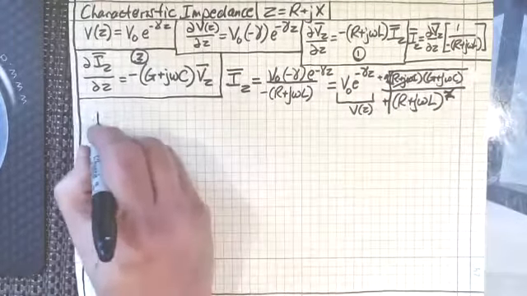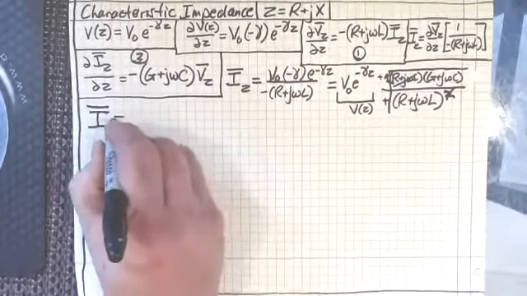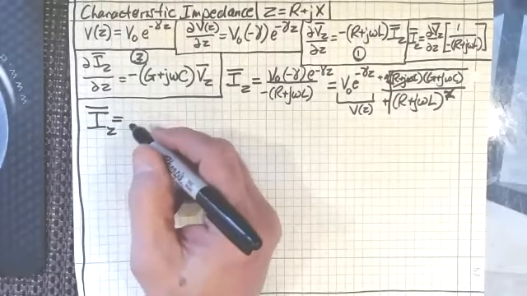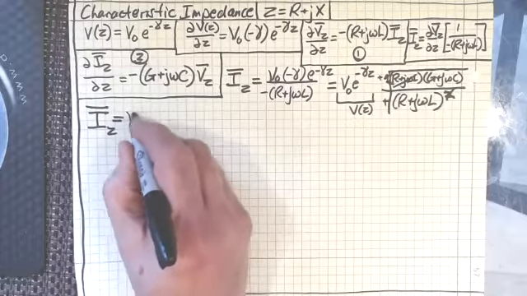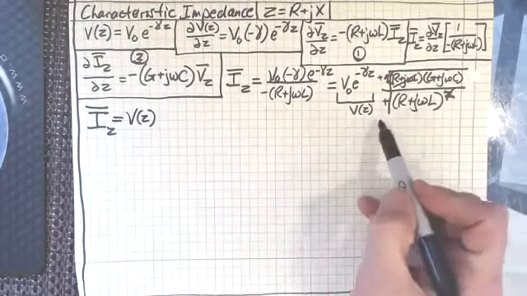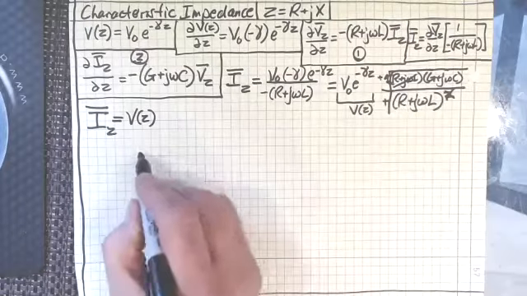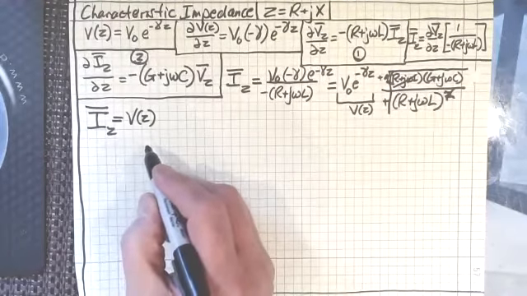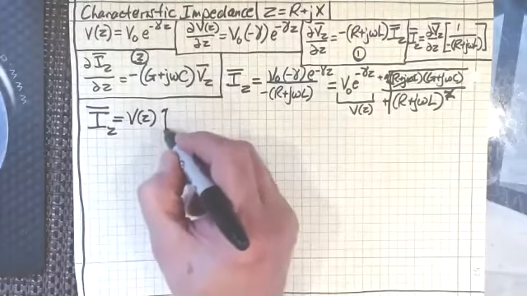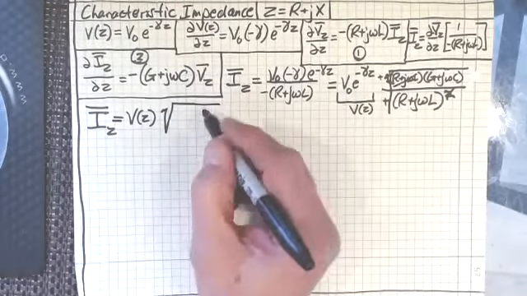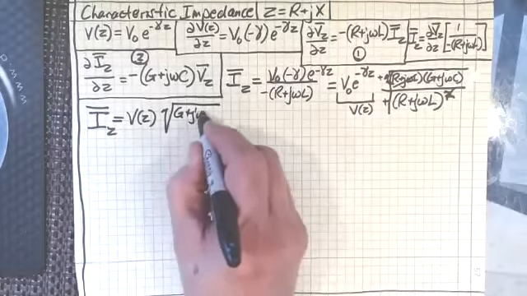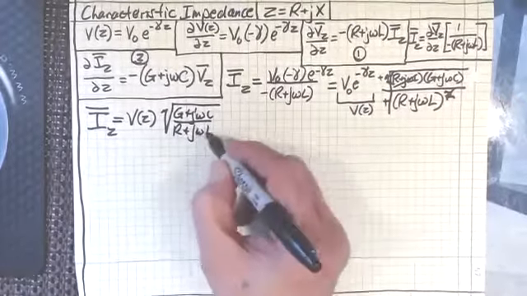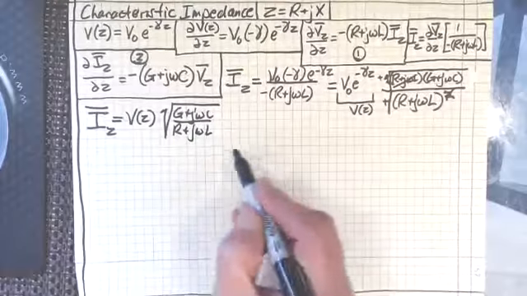And so what I get is I sub z bar equals V of z times the square root of g plus j omega c over r plus j omega L, right? Does everyone see that?